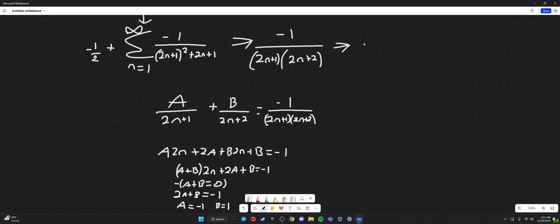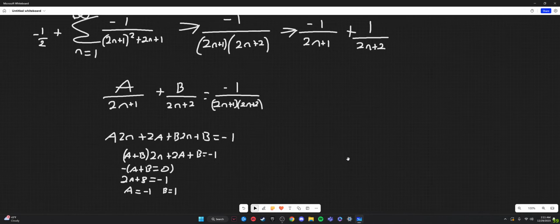Write that down. We have negative 1 over 2n plus 1, and we're going to add 1 over 2n plus 2. This will be important for later, but for now, I'm going to move on to the evens.